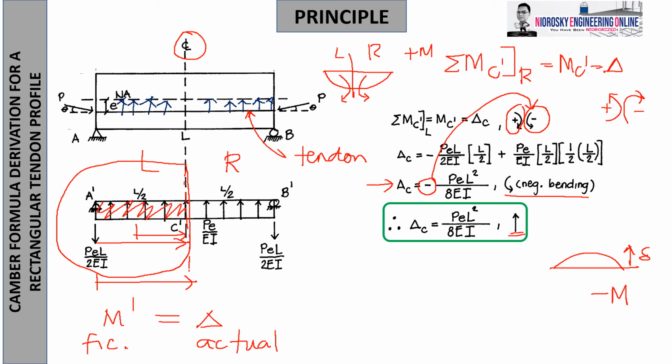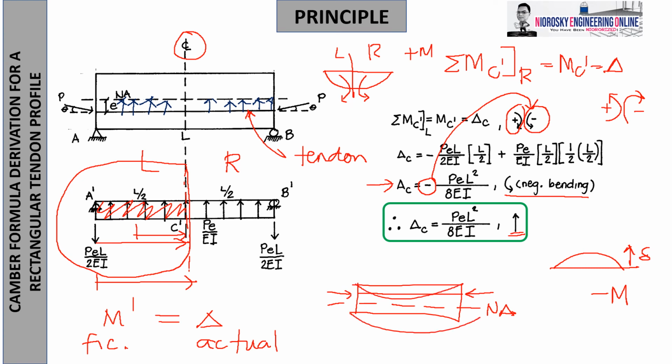This is the formula when the tendon profile is rectangular, when it is below the neutral axis. If it is above the neutral axis, with the tendon profile on top, which I don't think exists in pre-stress, what will happen is the beam will deflect even more downward. You're not solving the problem as a camber, and you are adding to the burden of the concrete to deflect.